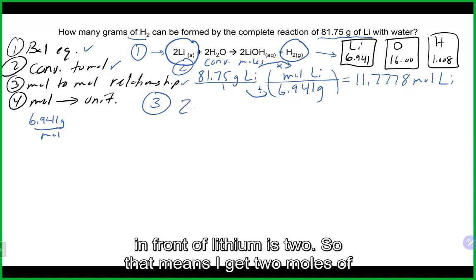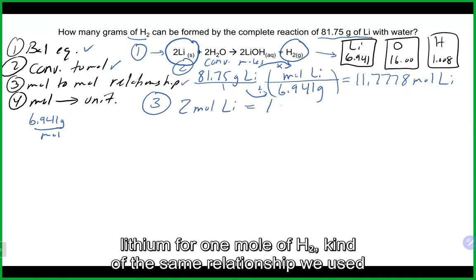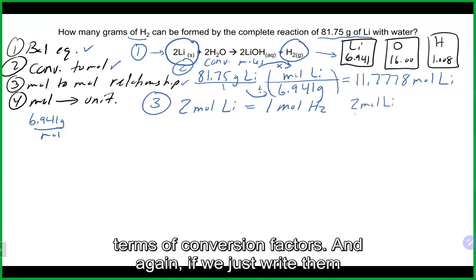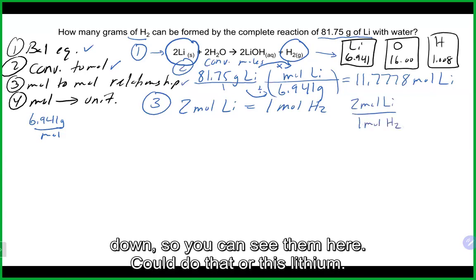The coefficient in front of lithium is 2, so that means I get 2 moles of lithium for 1 mole of H2, the same relationship we used previously. That again will give me 2 options in terms of conversion factors. And if we just write them down so you can see them here, we could do that, or this.